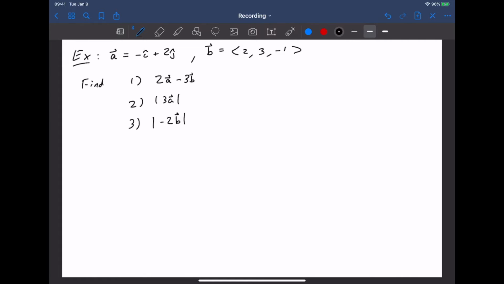I'm going to start. So 2A minus 3B. Just be careful. You probably want to translate it one way or the other. I'm going to translate them both into component notation just because I want to show you A secretly has a third coordinate. What's the third coordinate of A? It's 0. Now, you may have been able to follow your nose anyway. If you translate B to IJK notation, it all works out just fine.